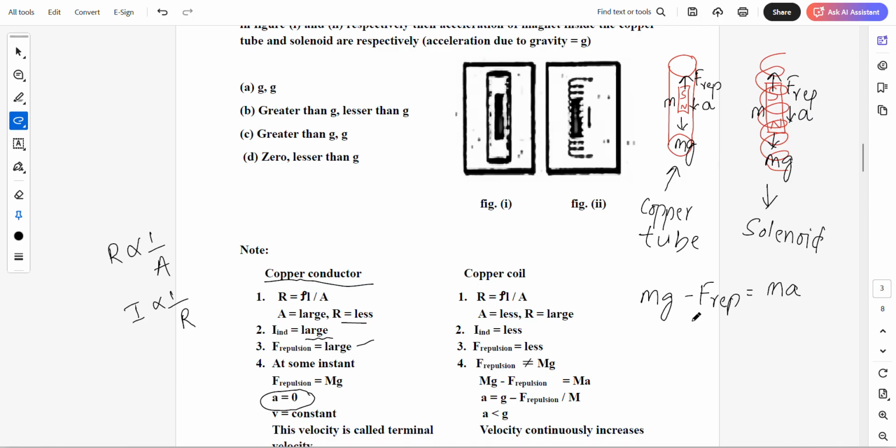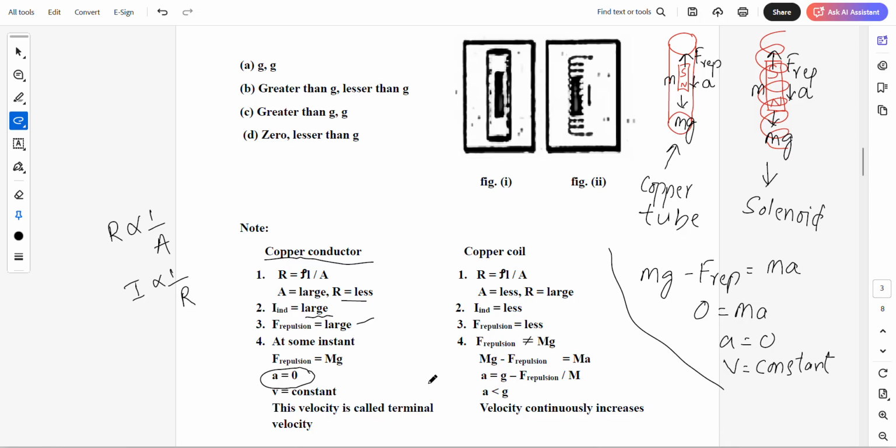The driving force is mg, and the opposing force is F repulsive. Now F repulsive is the same as mg, so acceleration will be 0. This is m into A will be 0. Acceleration is 0, that is, V is constant. If A is equal to 0, V will be constant. Once V is constant, this velocity is called terminal velocity. A will be 0 in the first case, in case of copper tube.